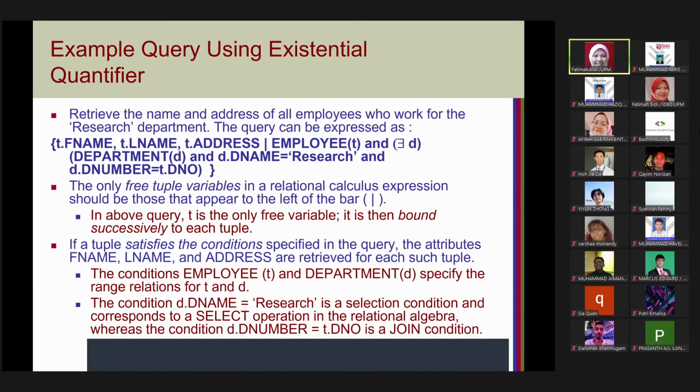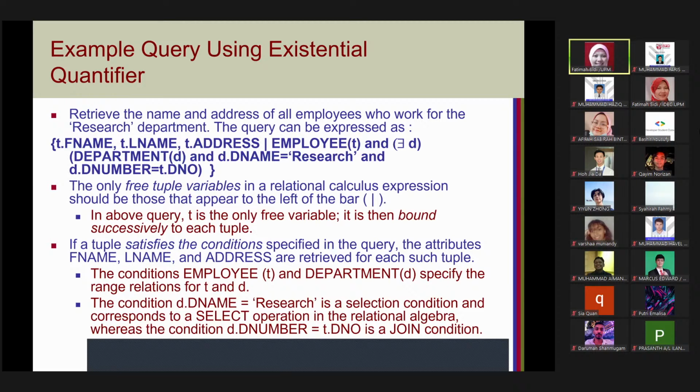So we are going to join not just Employee, but also Department, but then they only exist. You know that to get the research department, it is definitely in the Department relation, right?